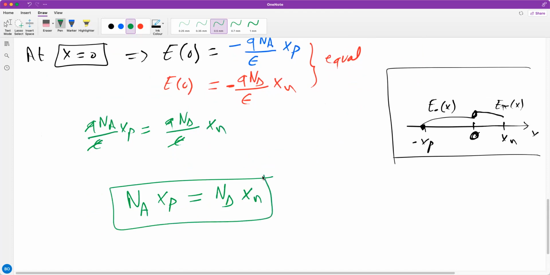This is a very important equation, and this is what we call the charge conservation equation. Are you following?